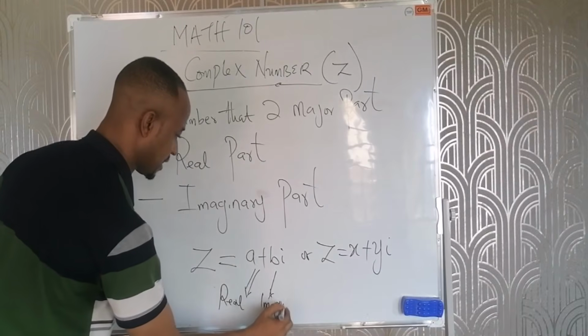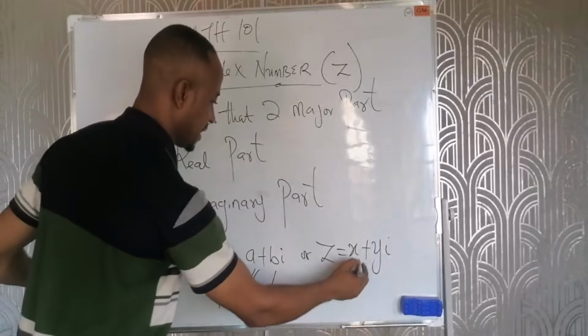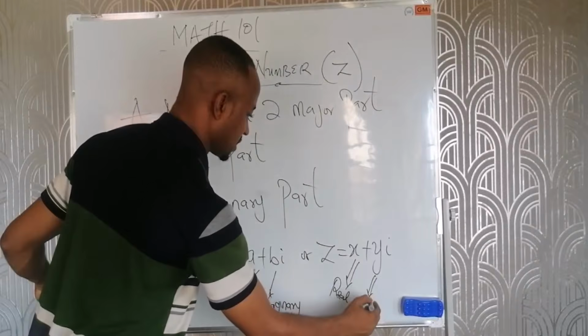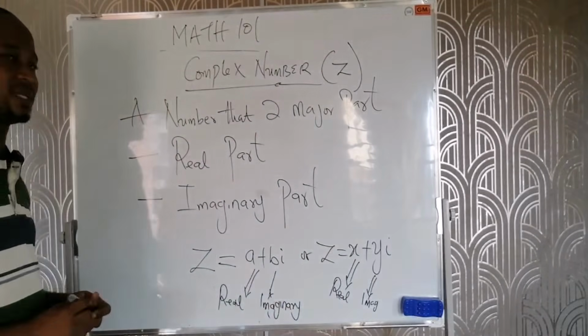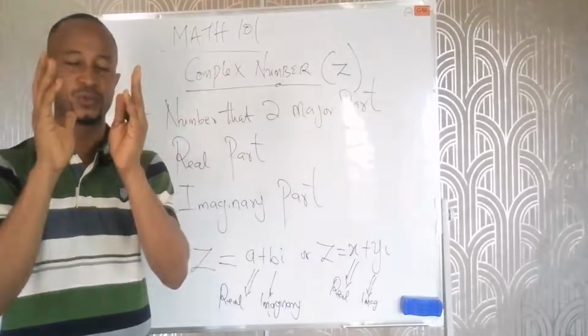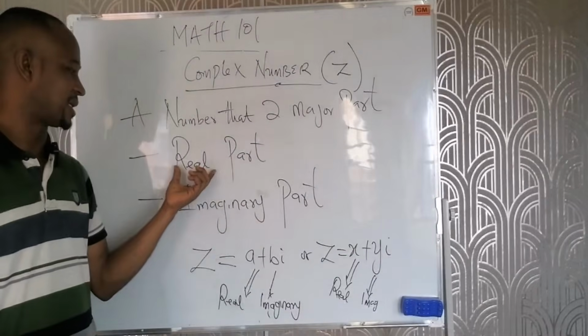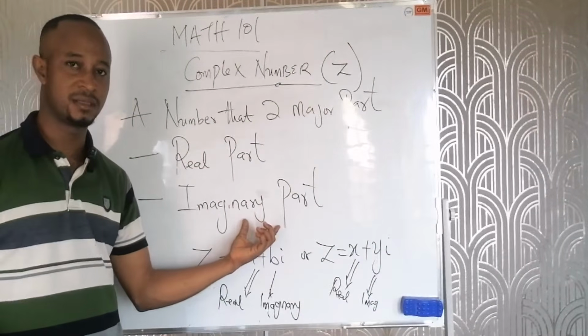Here also, x represents the real part. y represents what? The imaginary part. So what we are saying is that complex numbers are those numbers that have two major parts, which are the real part and what? Imaginary what? Part.